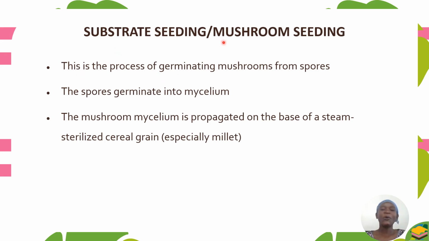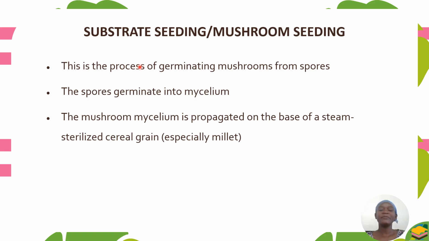Substrate seeding or mushroom seeding. This is the process of germinating mushrooms from spores. Remember the life cycle of mushroom. It all starts with the spores. From the spores, those spores need to germinate.